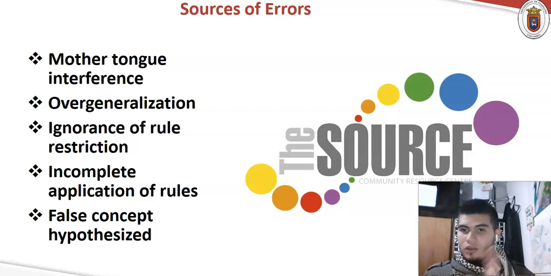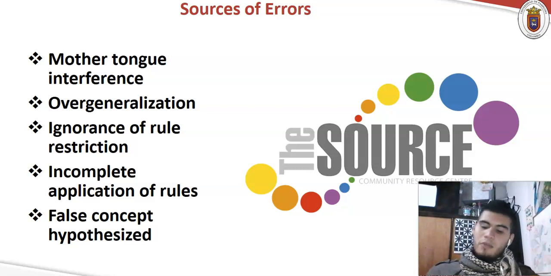That's incomplete application of rules. False concept hypothesized, when we think that this rule or this concept is like this, but no, it's not like that, because in English, as we know, the most important thing is to know the context.